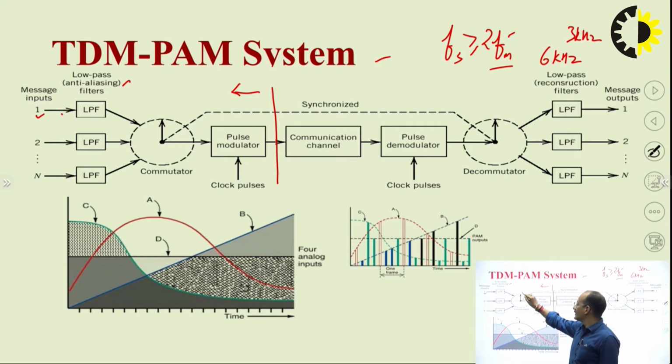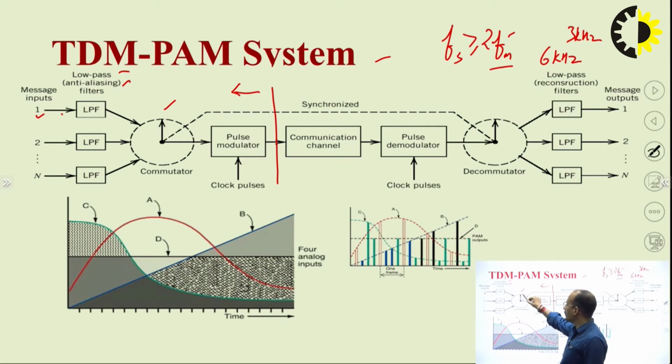This commutator is the main device of the TDM system, in which a rotating switch is applied, and that switch is controlled by the analog signal and a pulse signal, and that pulse is related to the sampling frequency.